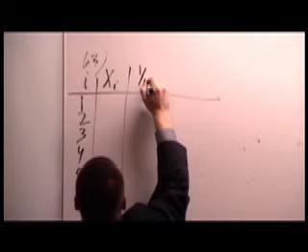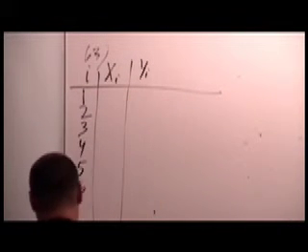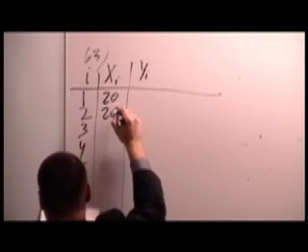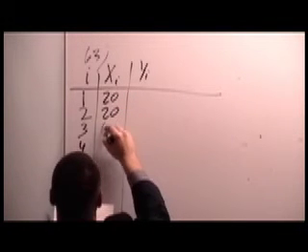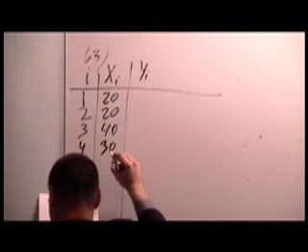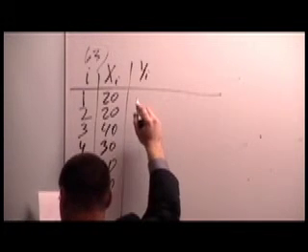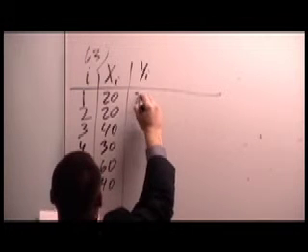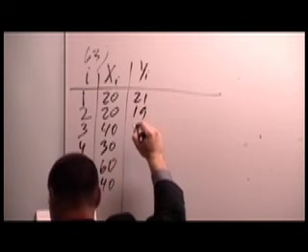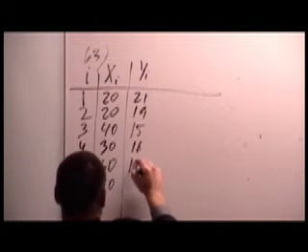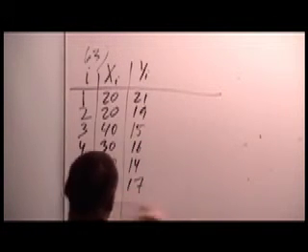xi is the line speed, yi is going to be the number of defective parts found. And we had 20, 20, 40, 30, 60, 40, which gave us 21, 19, 15, 16, 14, and 17 defective parts.